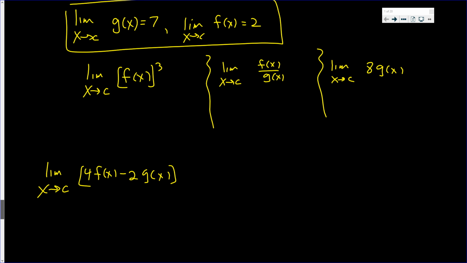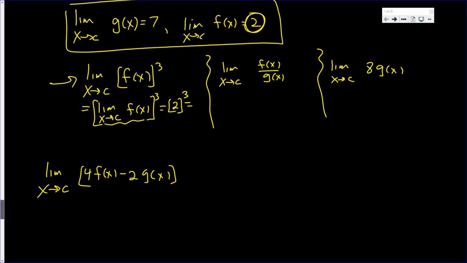Now, here's a case where you can't do this first one unless you use that theorem. This first one is the same as the limit as x goes to c of f(x), and I cube that. Well, I know what this limit is. They told me that it's 2.